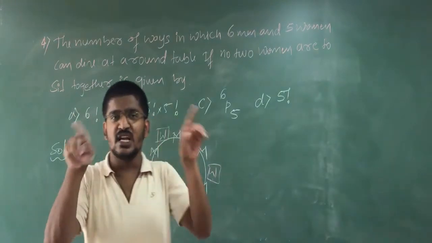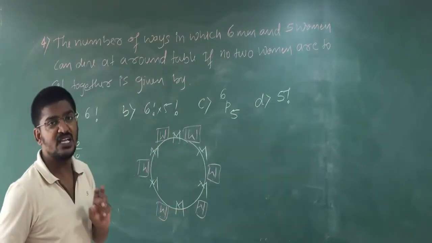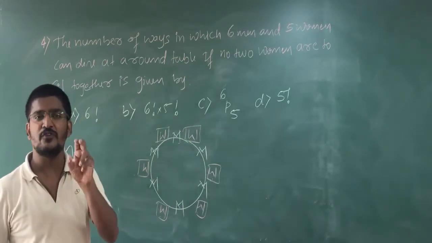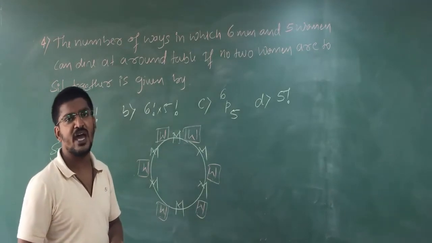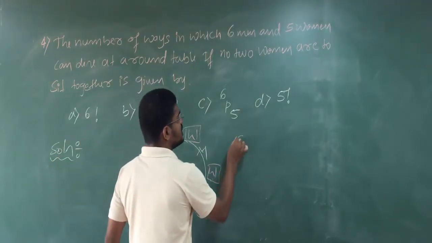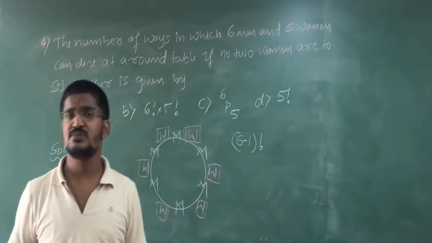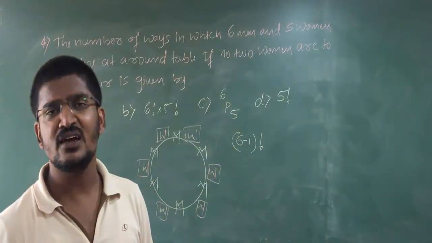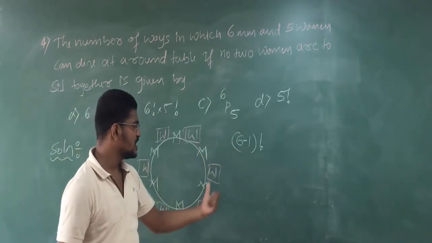Clear? This is the arrangement of women and these are the arrangement of men. So there is a round table. Around the round table I am arranging 6 men and 5 women. Whenever I am arranging 6 men, what are my permutations? That is 6 minus 1 factorial. Because we are arranging them in a circular path.